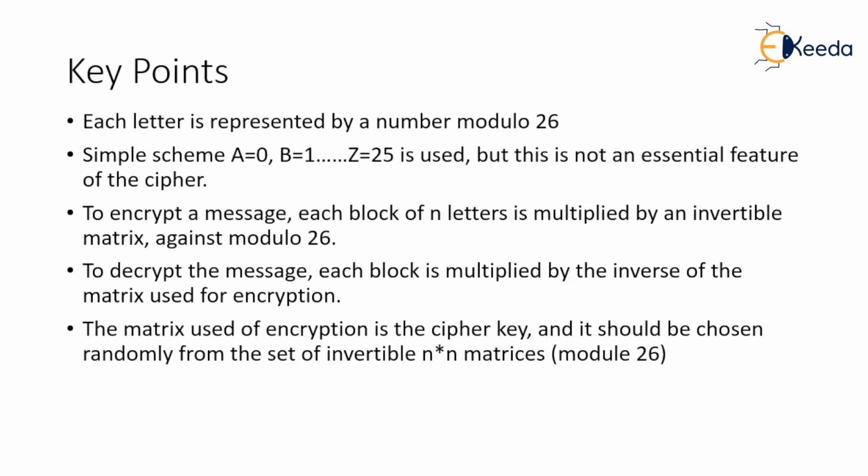So these are some of the key points of the Hill cipher, wherein each letter is represented by a number modulo 26, because we have a total of 26 alphabets.